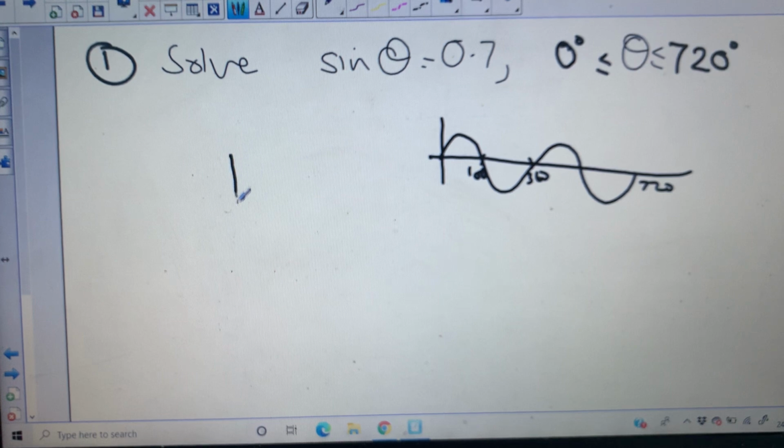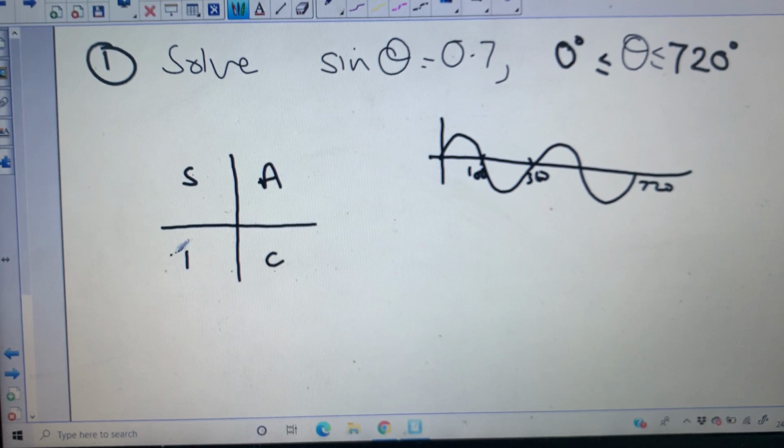I'm going to use my CAST diagram and show you how this works, because I am a big believer in the CAST diagram. First of all, it's sine and it's positive. Where is sine positive? Here and here. I've circled my quadrants. Now I'm going to find my acute solution.